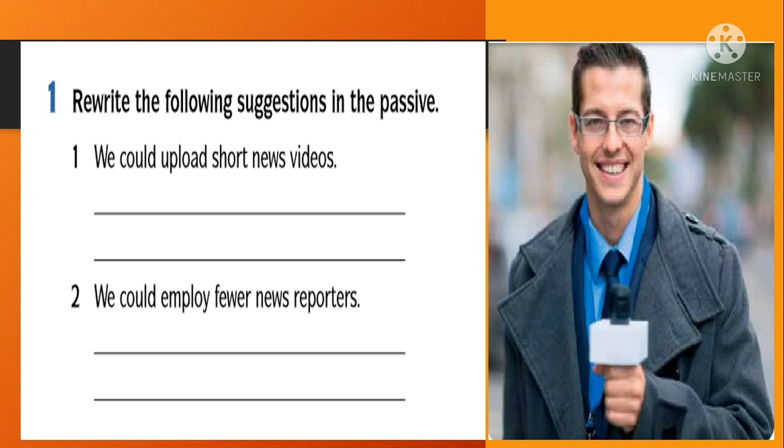So if you want to recall what is passive voice, you may refer to your textbook, if I'm not mistaken, from page 87, because we have dealt with the topic last time. So they give you 2 suggestions in the active voice that you need to rewrite in the passive voice.